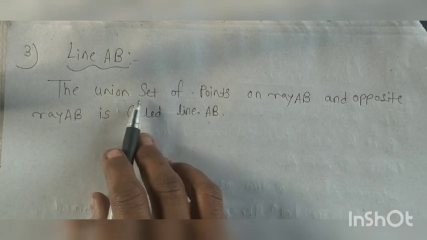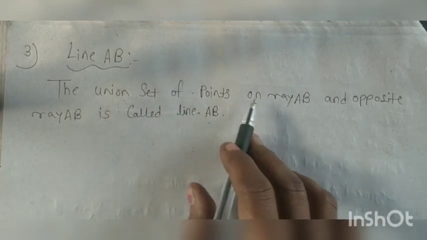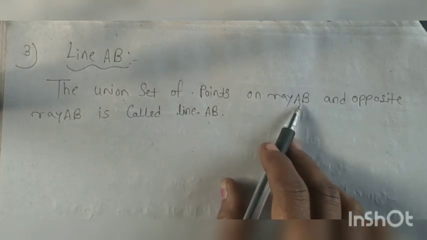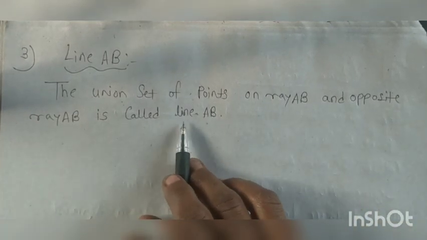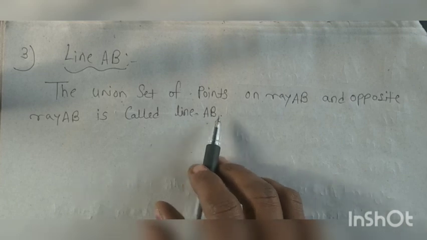The union set of points on ray AB and opposite ray AB is called line AB.